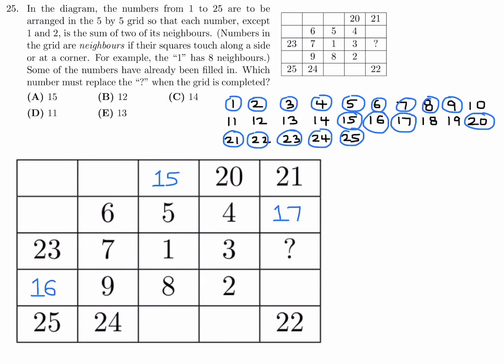Well, can I put a 19? Well, I don't think so, because if I put 19 there, because I'm just starting with the biggest numbers that I have left, there's no way for me to get a sum, or is there? Because 15 plus 4, but the 4 is over here.